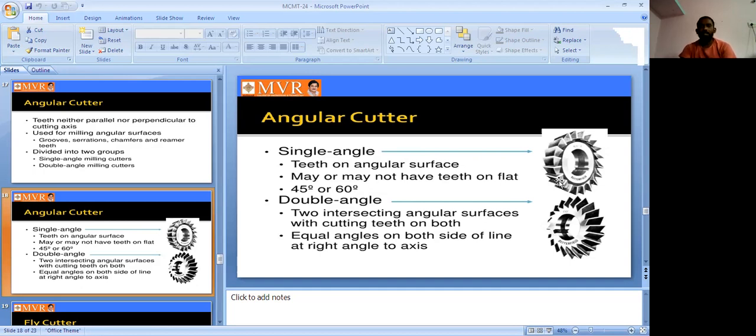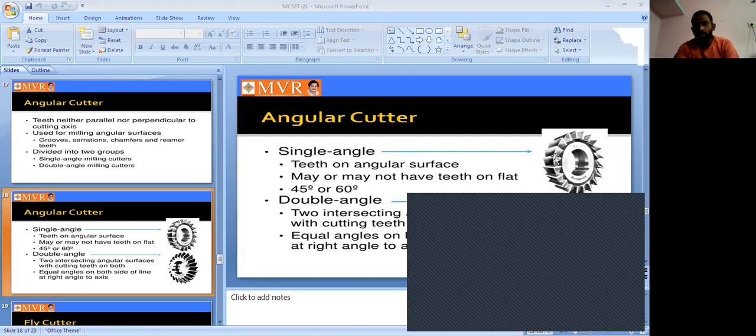The angle between each and every tooth is somewhere between 45 degrees and 60 degrees.